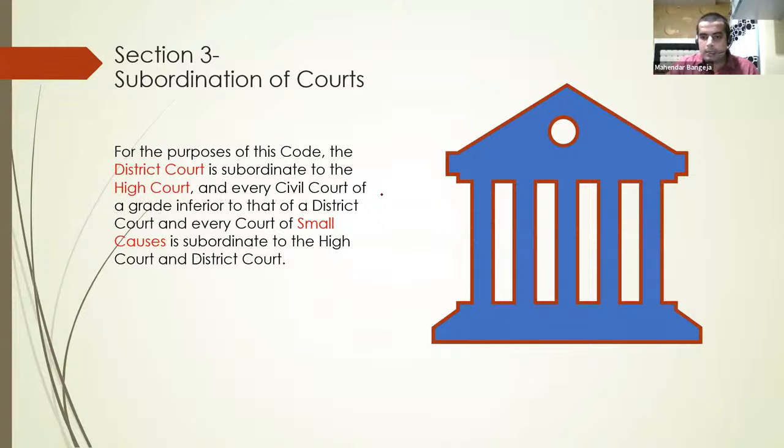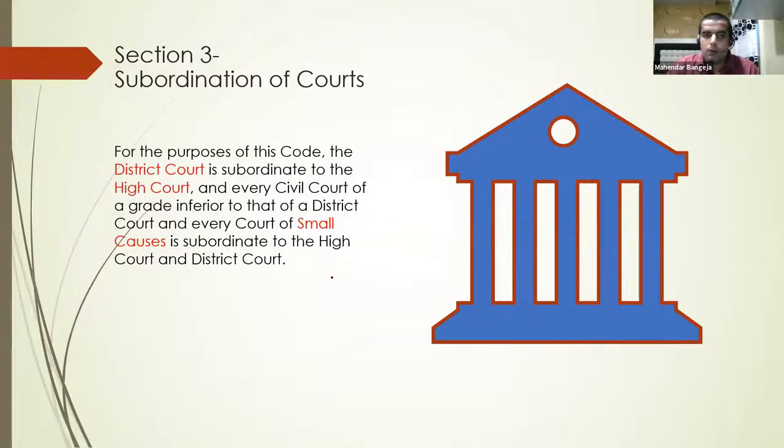Section 3 basically provides for the hierarchy of the court. कि court की hierarchy क्या होगी? And I'll read. I want you guys to read along with me. For the purpose of this court, the district court is subordinate to high court. And every civil court of a grade inferior to that of a district court and every court of small causes court is subordinate to high court and district court.